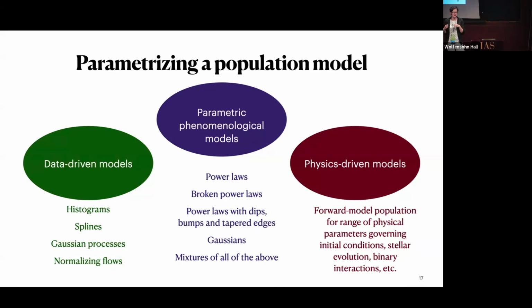These are all things that are going to affect your binary black hole population. And so for the physics-driven models, you need to forward model what your black hole population looks like for these various physical parameters. And that gives you the mass distribution as a function of, for example, the stellar initial mass function.